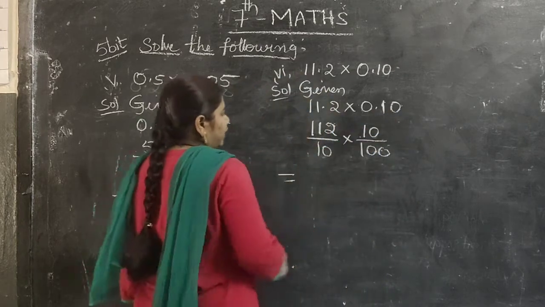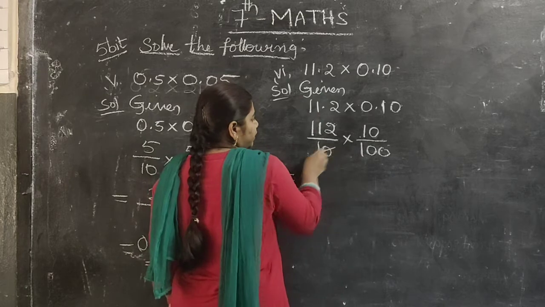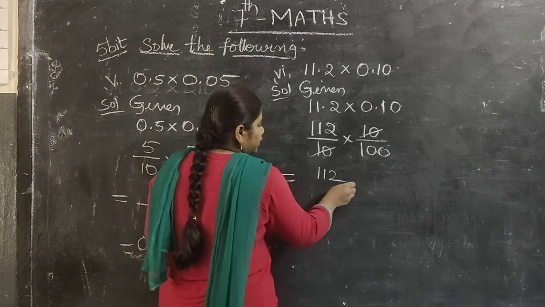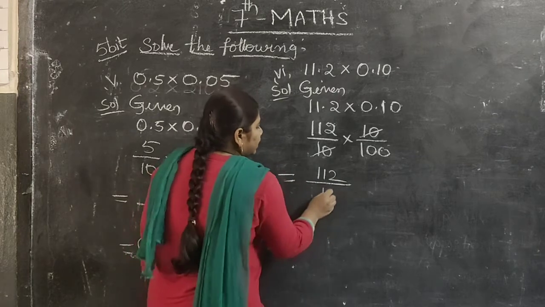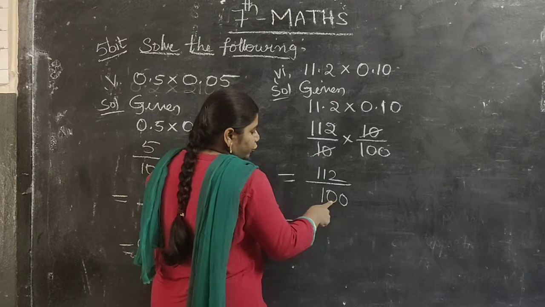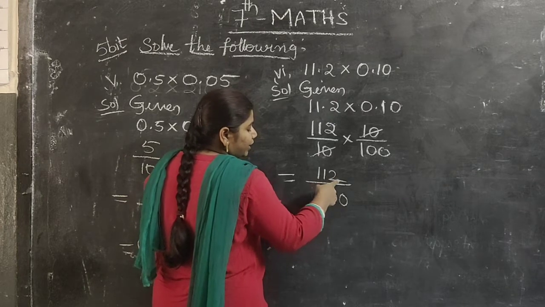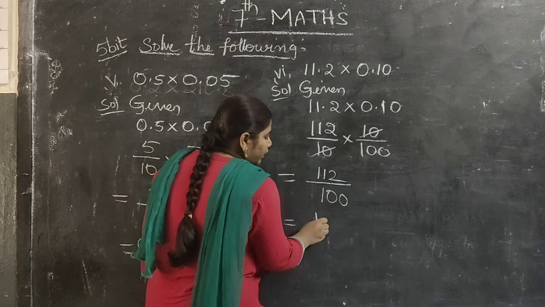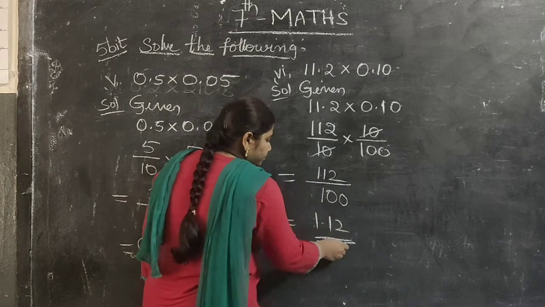So just multiply, or first you can cancel very easily. 10 ones are 10 will get cancelled. So what is the remaining number here? 112 by 100. So first we have to remove this denominator. So after how many digits you will get a point? After two digits you will get a point. That will be 1.12.